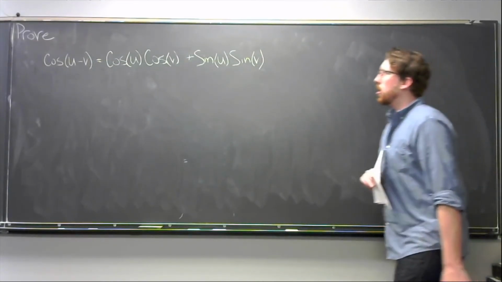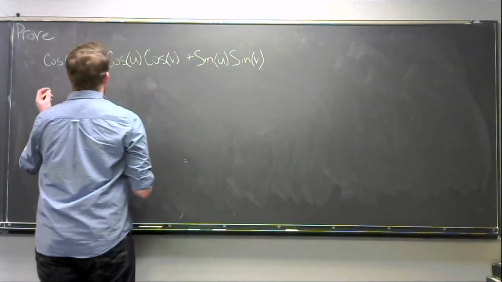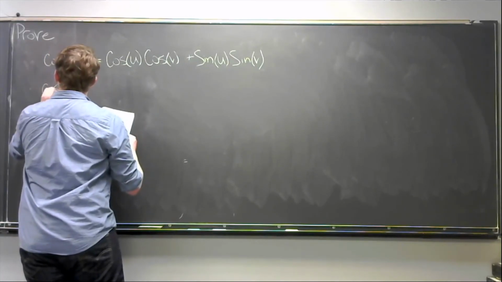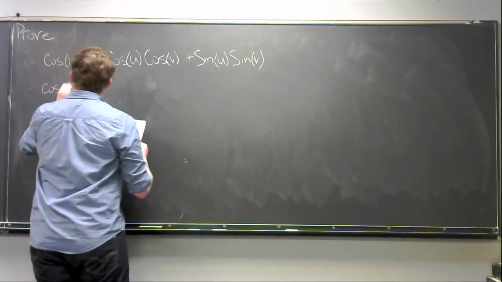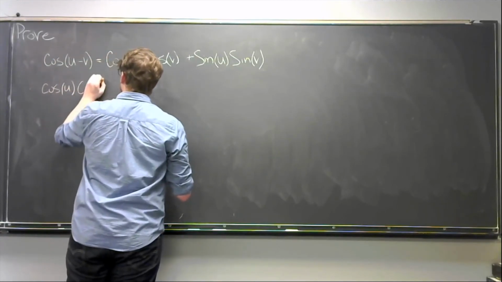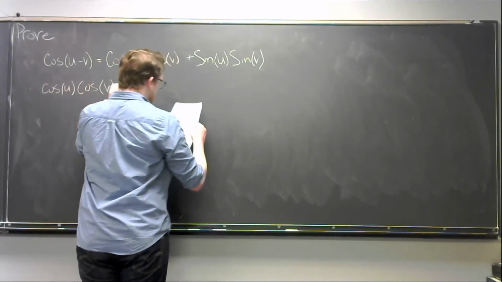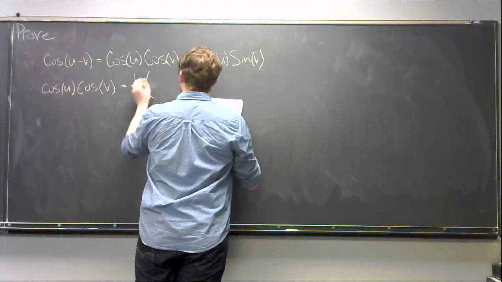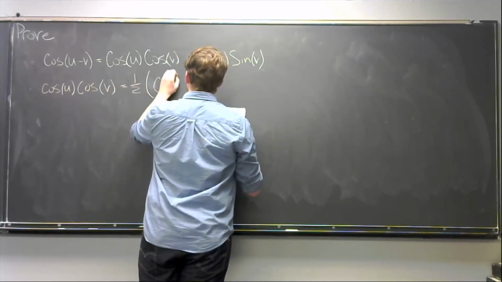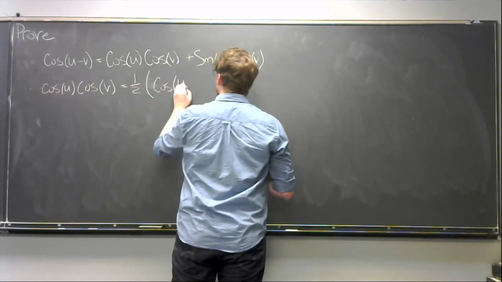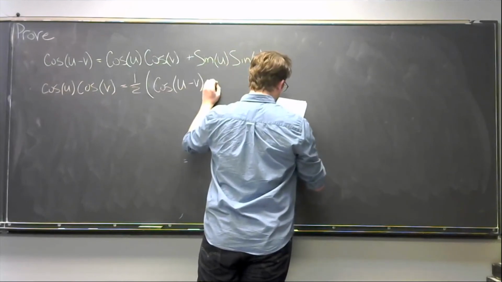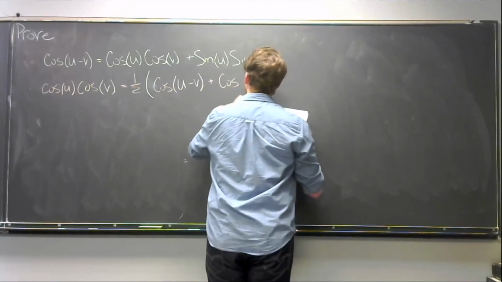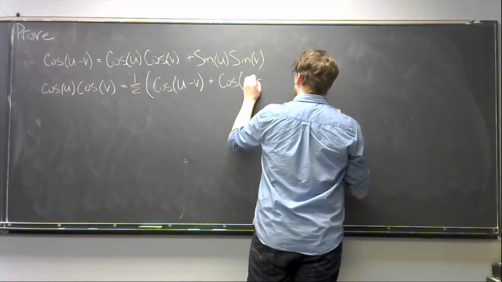I know that cosine u times cosine v is equal to 1/2 times cosine of u minus v plus cosine of u plus v.